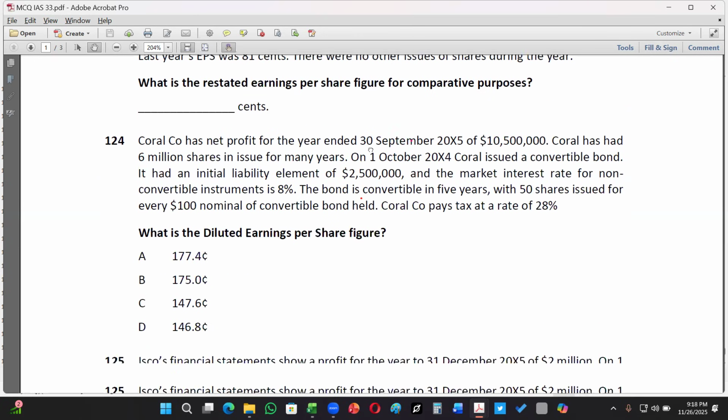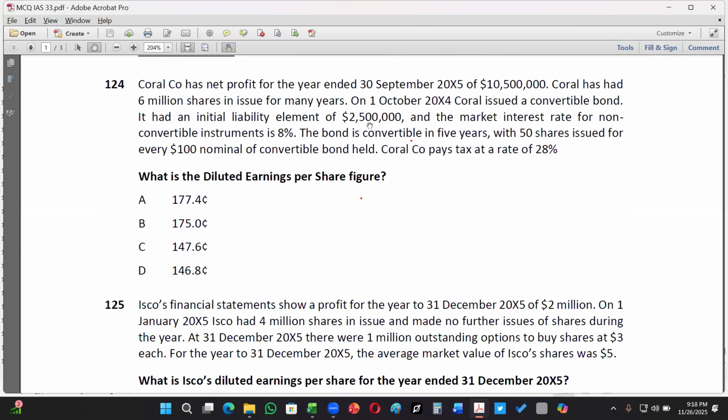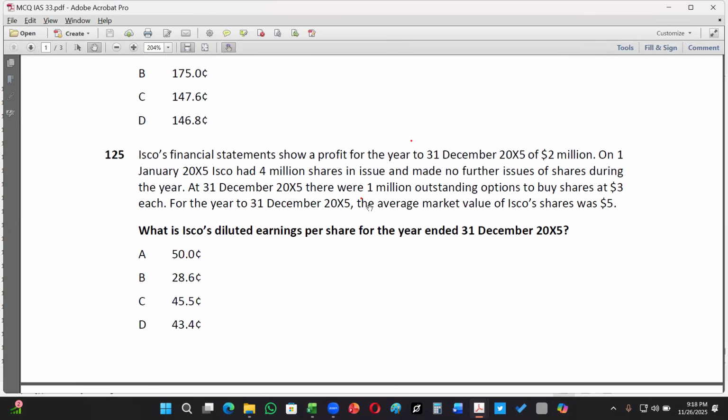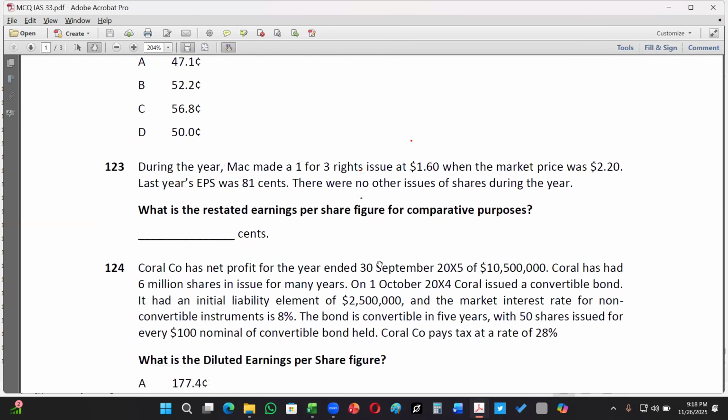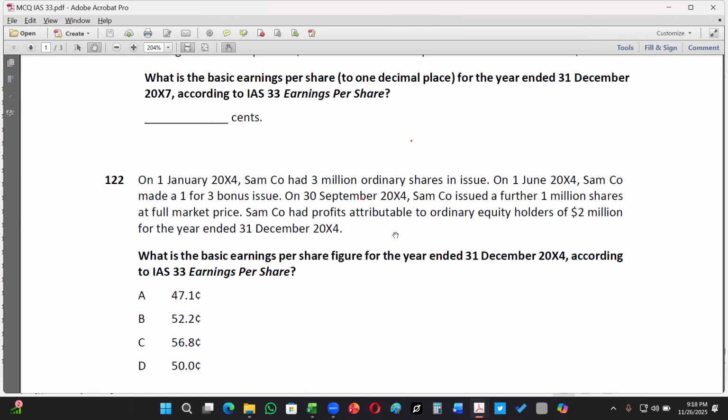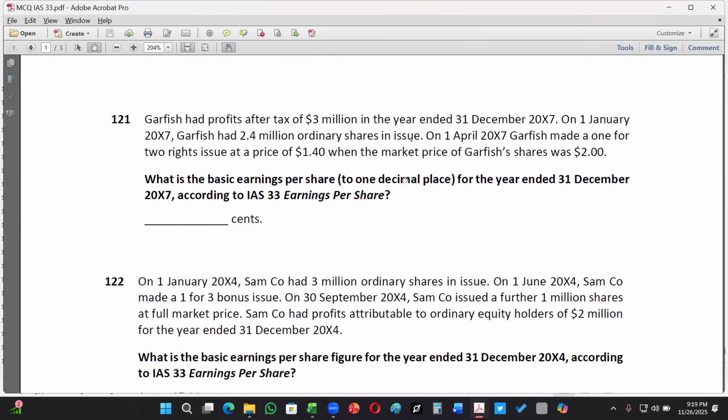Then we're going to have the diluted EPS. In the case of diluted EPS, we have the convertible bond question, and in the last one, the diluted EPS with share options. So these are the 5 challenges. I have broken them into 5 separate questions. So let's attack this first one.